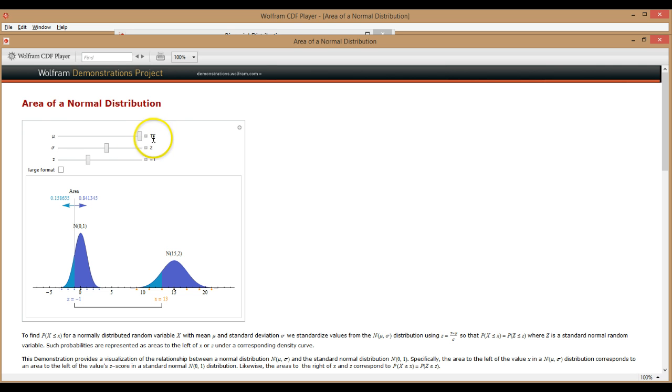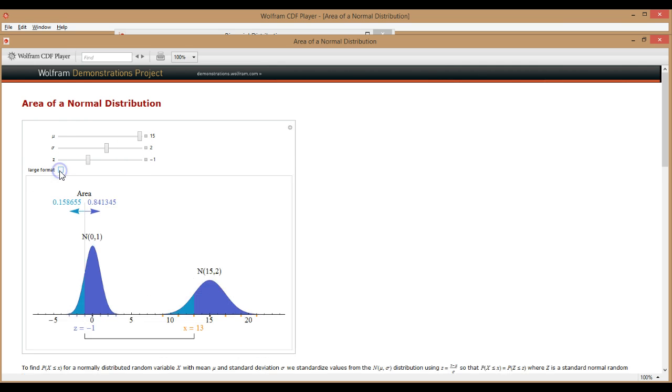Mu is equal to 15 and sigma is equal to 2 in this case. This is the original graph that we have, but we're translating that into a standardized normal variable. So it's normal 0, 1, that's a standard normal distribution.